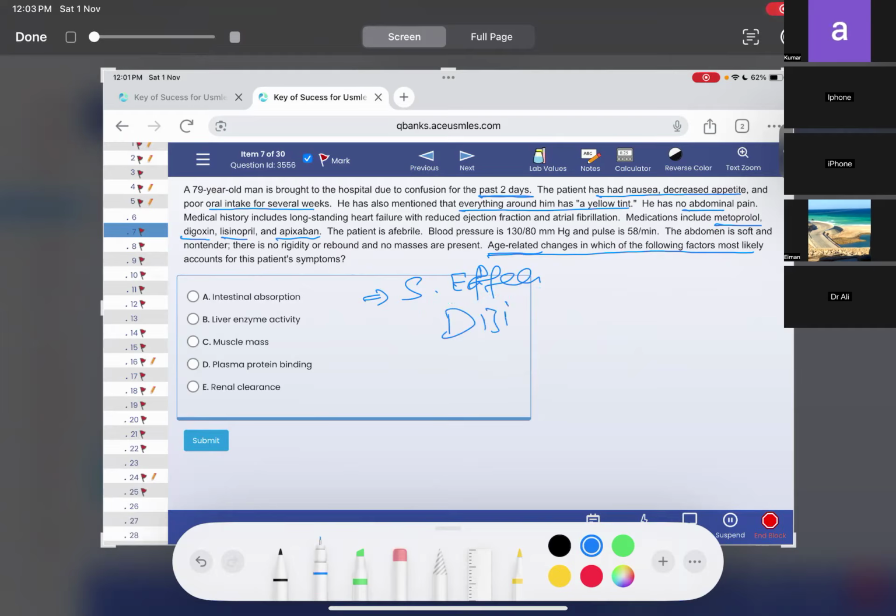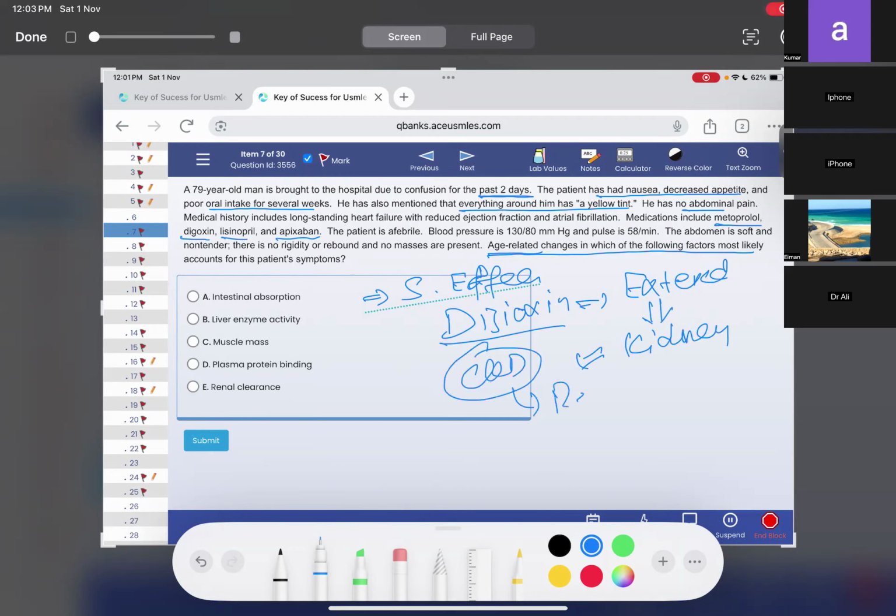Digoxin is usually excreted through the kidneys. So in anyone with kidney disease, like CKD, renal clearance will be compromised.